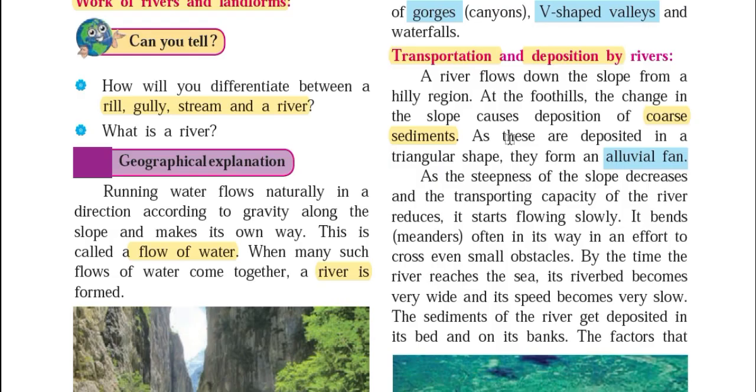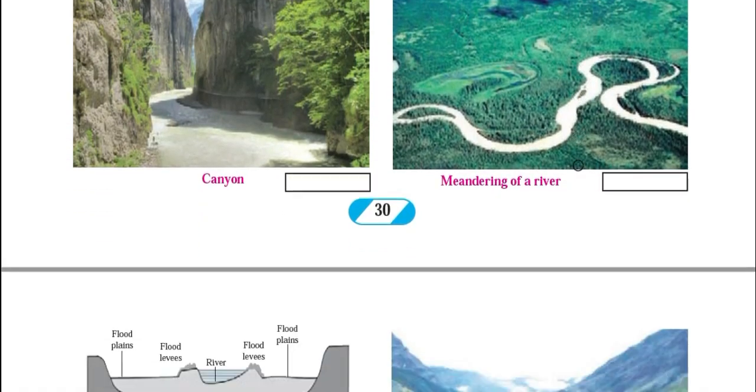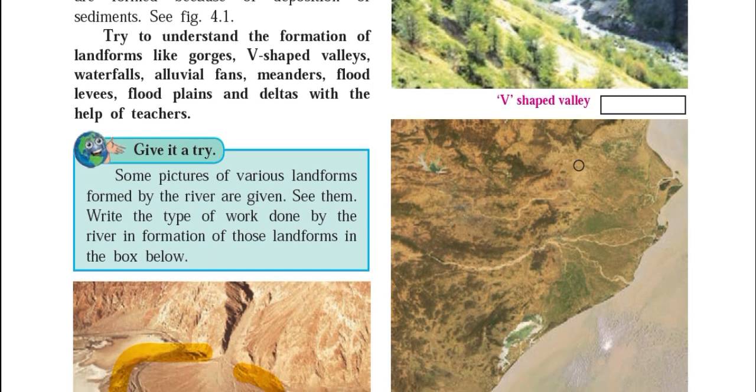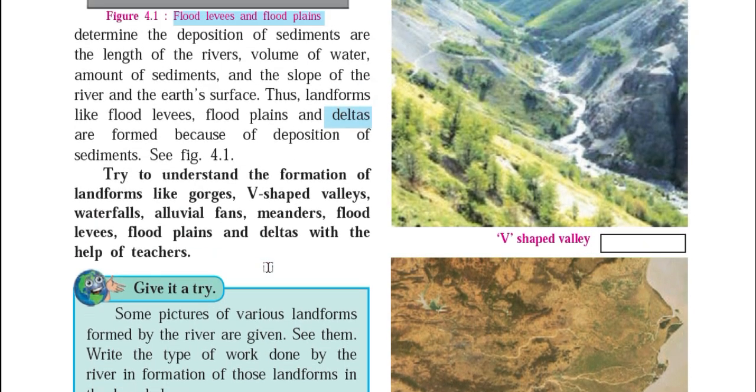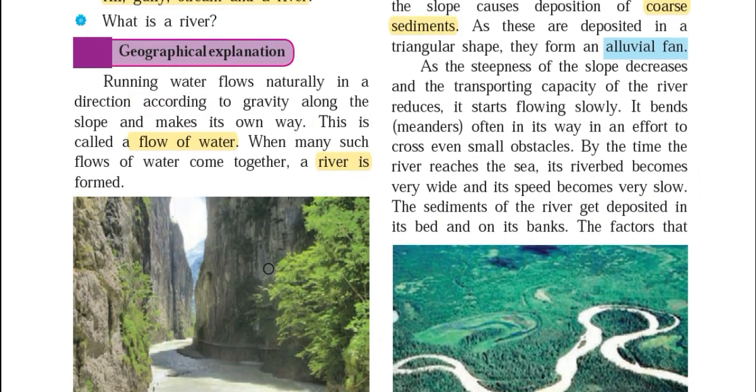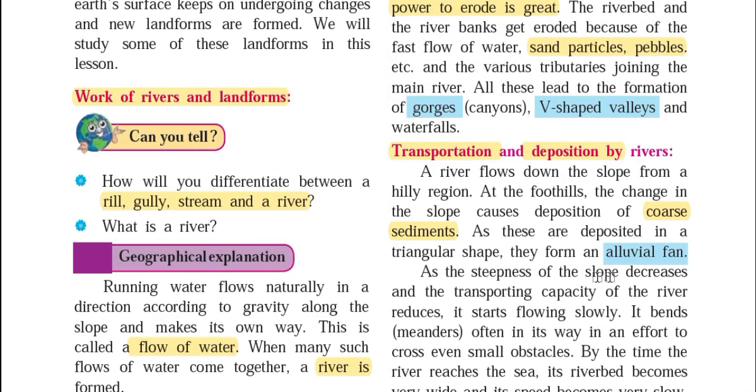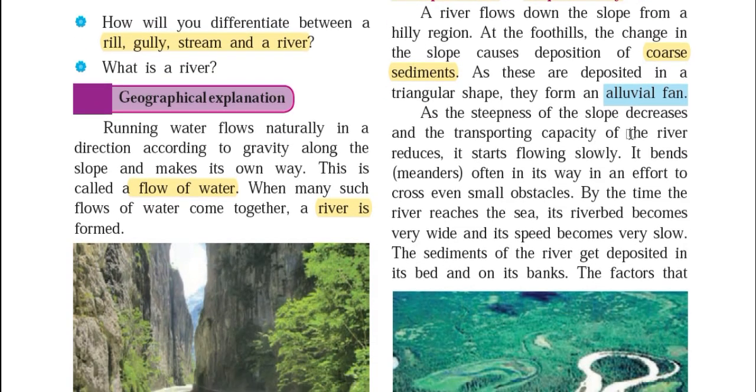As this is deposited in a triangular shape, it is known as an alluvial fan, because it looks like a fan. Alluvial means the sediment carried by the river, and this alluvial makes a triangular shape, so such a landform is known as an alluvial fan.